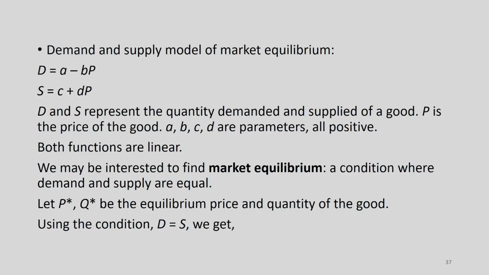So, we assume that P star and Q star are the equilibrium price and equilibrium quantity of that good. That means, if we have an equilibrium, then at that equilibrium there will be some amount of quantity and some amount of price, and those quantity and price are represented by Q star and P star.